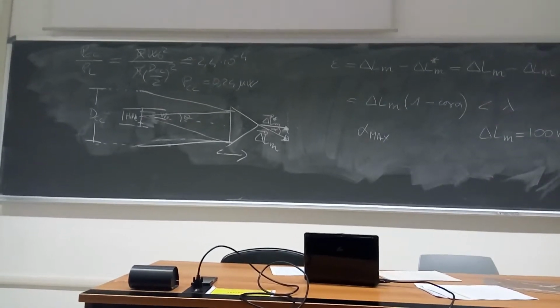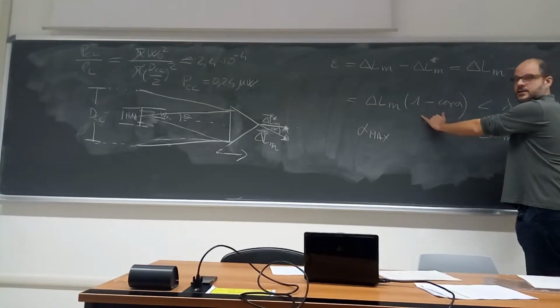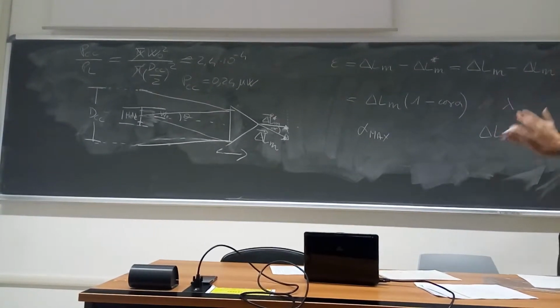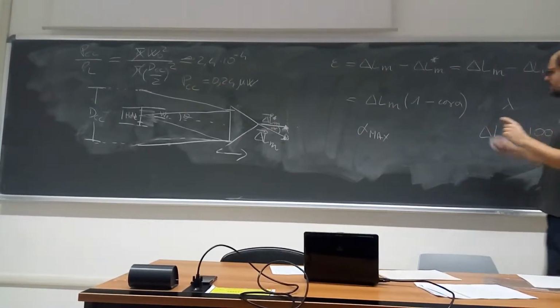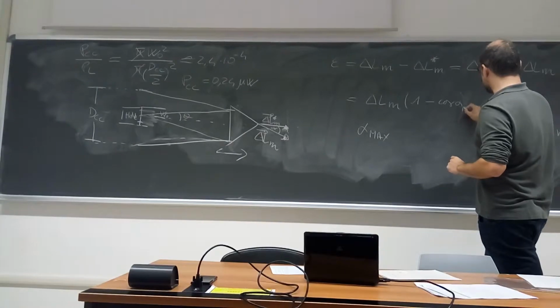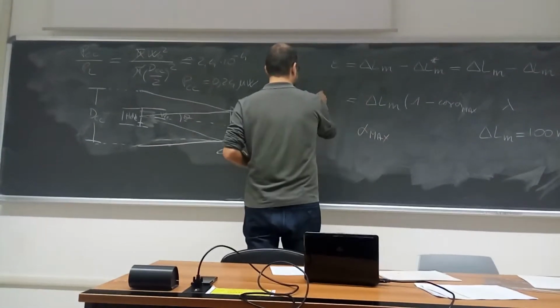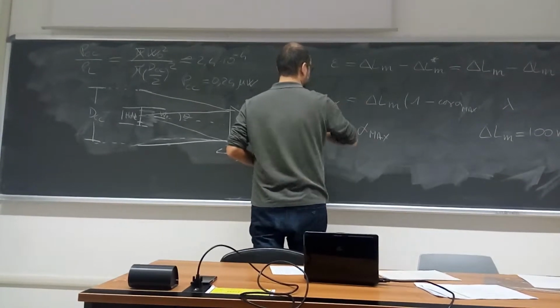Okay, so you have everything. So you have defined what the error is. So now, if you want to evaluate the maximum misalignment that you can sustain, you can write alpha max. So let's say this is the maximum error.